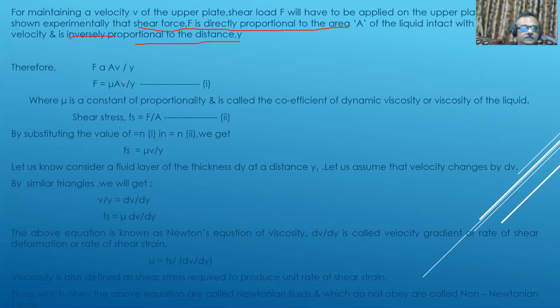Okay students, so F is directly proportional to the area. What is the area? That is the area A of the liquid in contact with the upper plate. And what is V? That is the velocity of the upper plate, or the velocity of the moving particles with the upper plate.